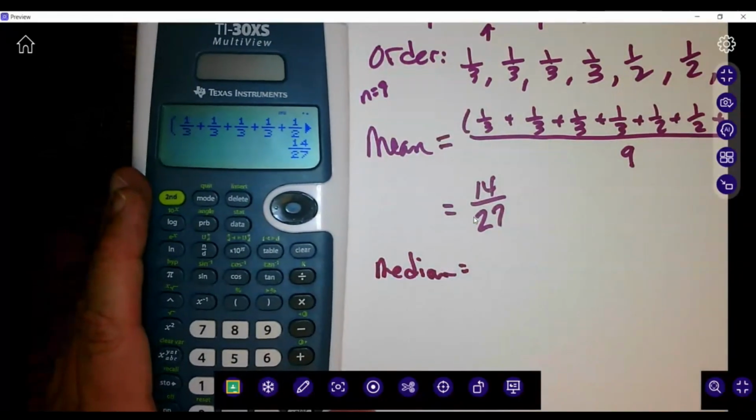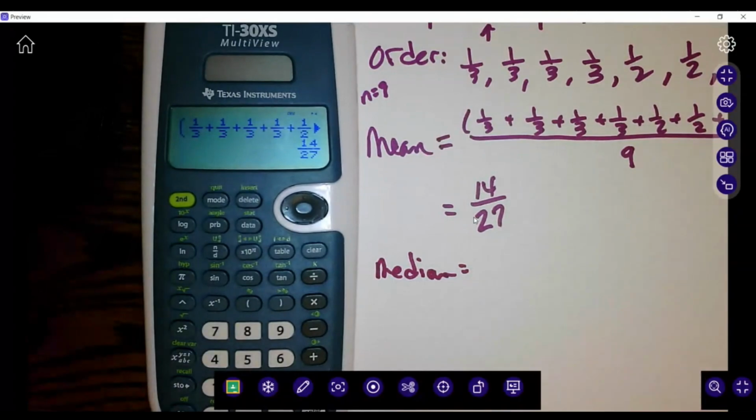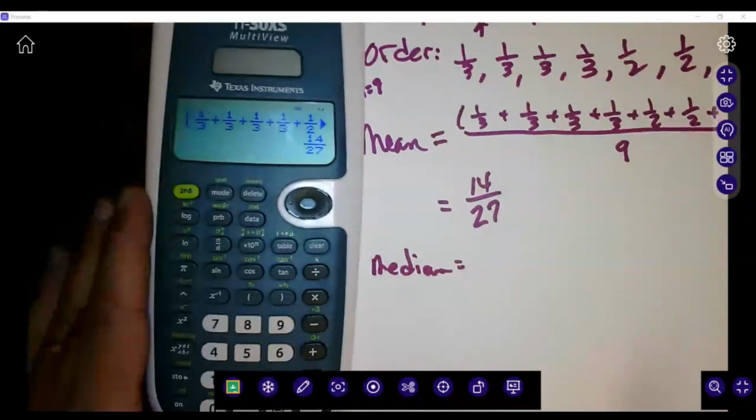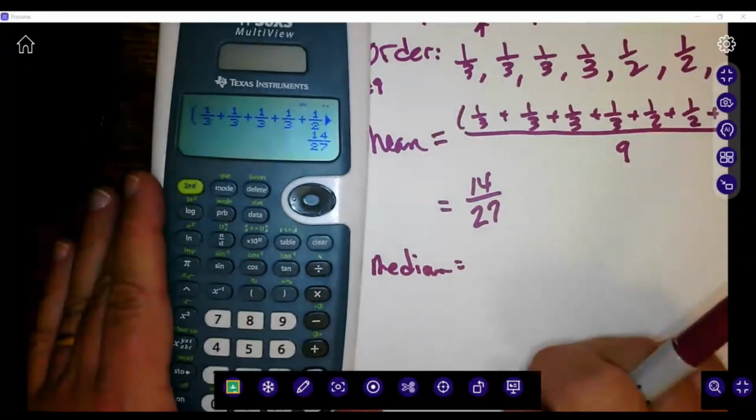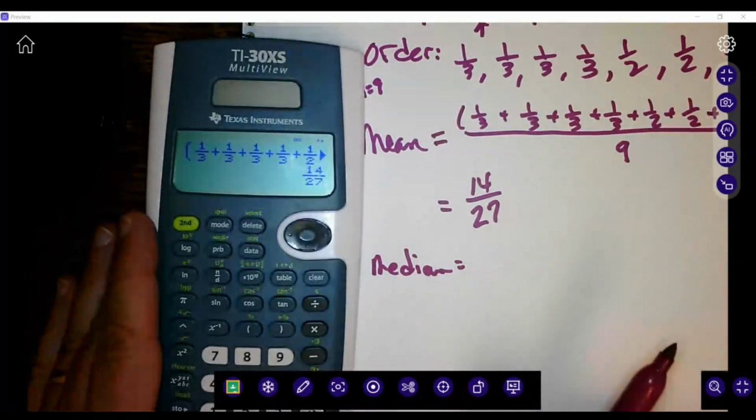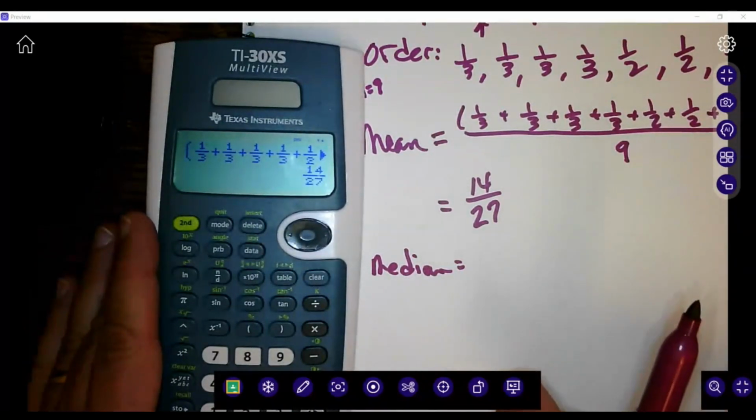Okay, next we're going to do median. Okay, so we have the median of this. Oh, yes, you're absolutely right. Thank you. That did not reduce the fractions.